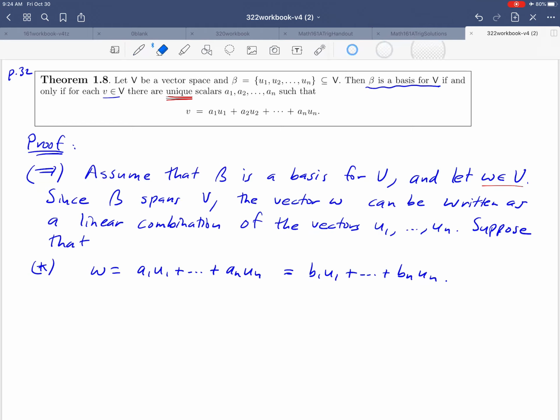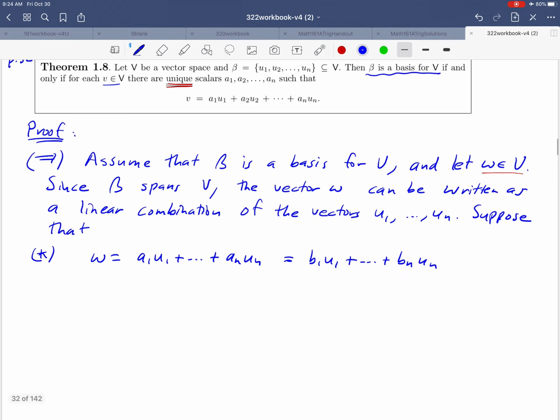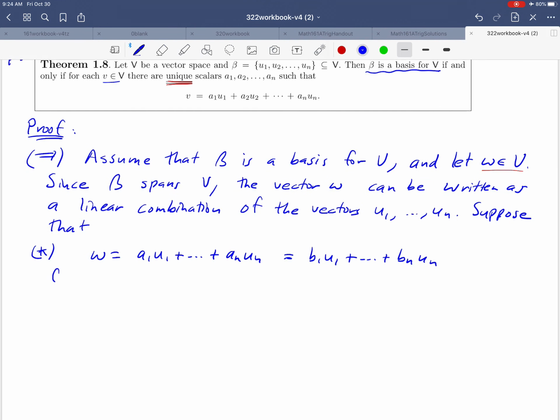I should also mention that a1 through an and b1 through bn are scalars. Again, our goal is to show that these two different looking representations are really the same.